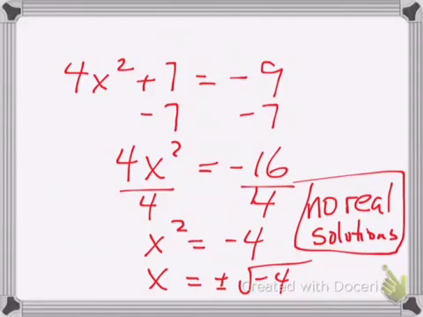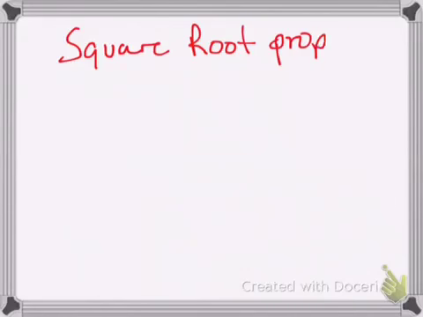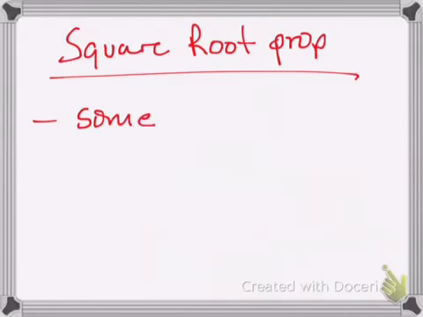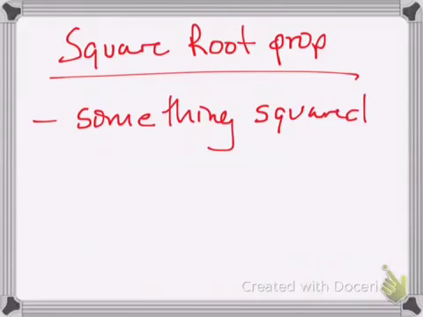Are there any questions? Y'all get this, right? So what's the gist? Somebody summarize the square root property for us. What do we have to make sure we have for the square root property to be in play? We have to have something squared equals a number, right? And then we can invoke the square root property.